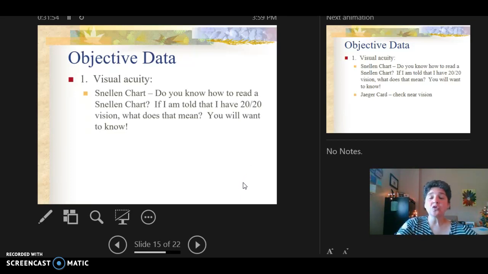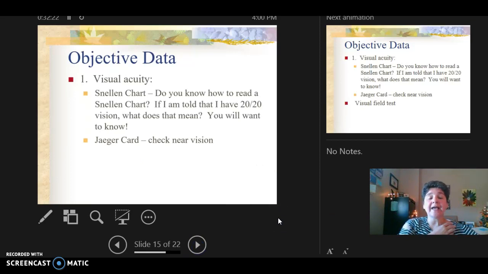But a person with normal vision could read that line from 30 feet away. So where your patient has to read it at 20 feet, someone with normal vision could be back as far as 30 feet and still be able to read it. So the higher the bottom number, above 20, the worse the vision. The lower the number, the better the vision.